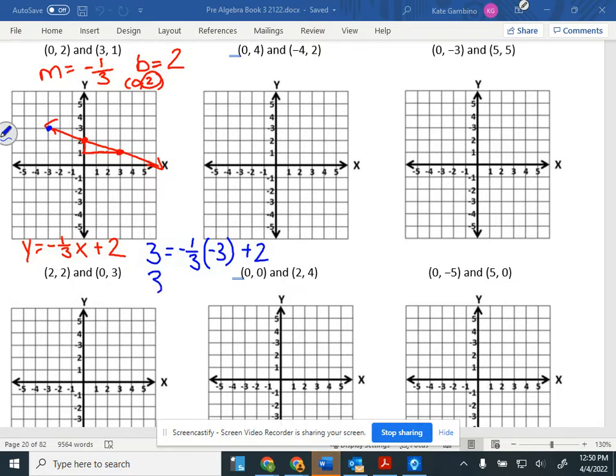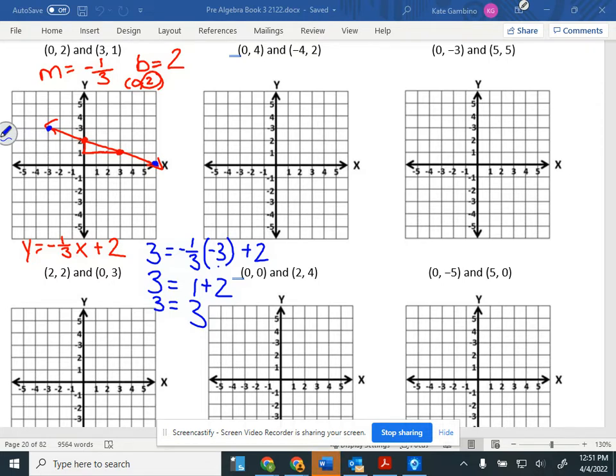What is that? Negative 1/3 times negative 3 would be a positive 1, because a negative times a negative is a positive, plus 2. 3 equals 3. I can take any ordered pair on this line.